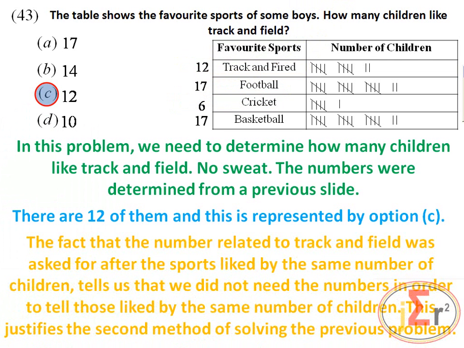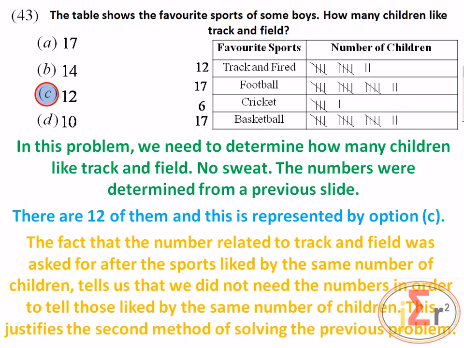The fact that the number related to track and field was asked for after the sports liked by the same number of children tells us that we did not need the numbers in order to tell those liked by the same number of children. This justifies the second method of solving the problem, in which we use the length of the rows to come to our conclusion.